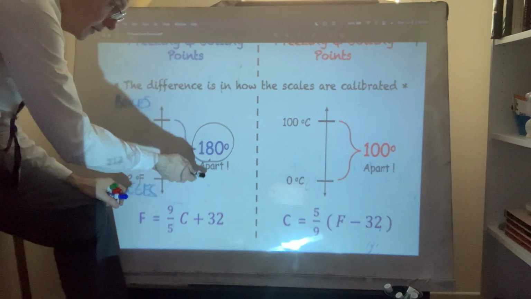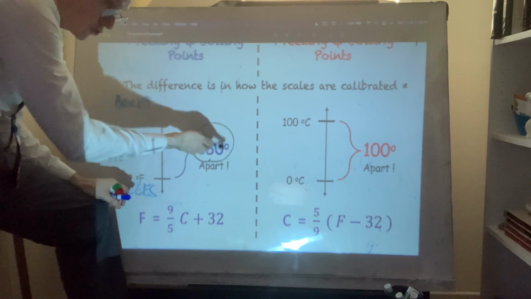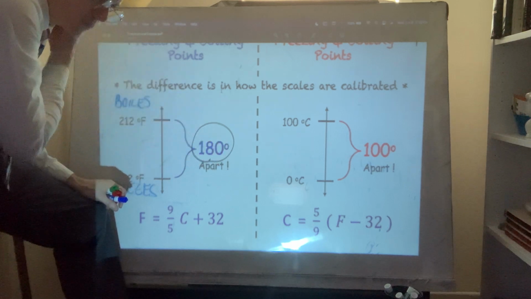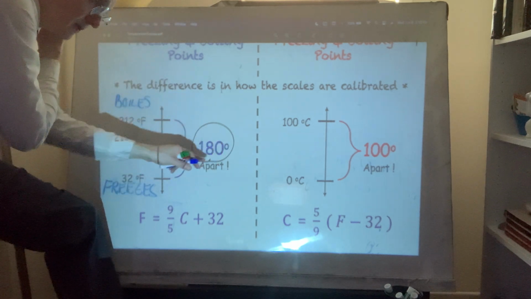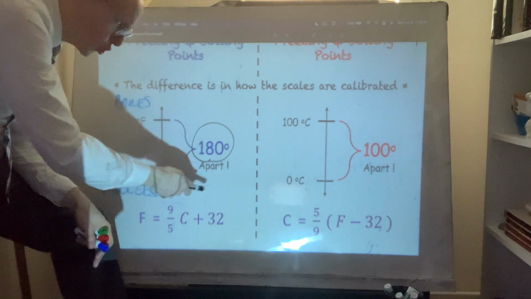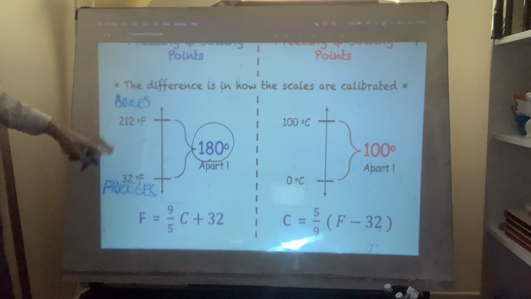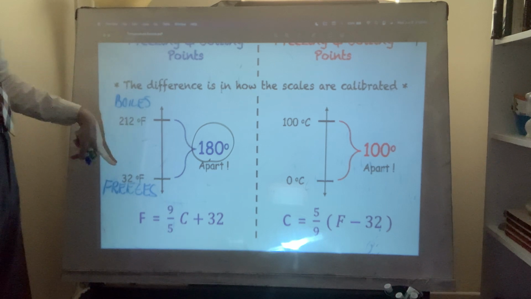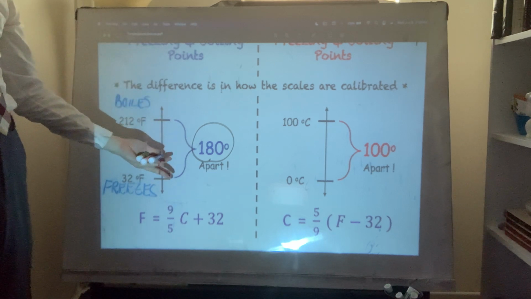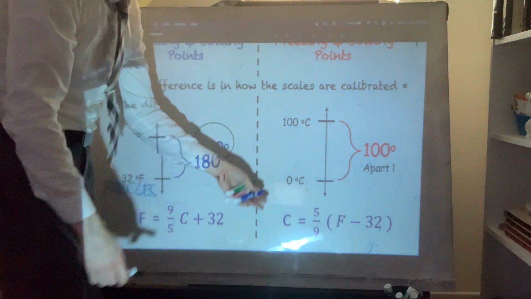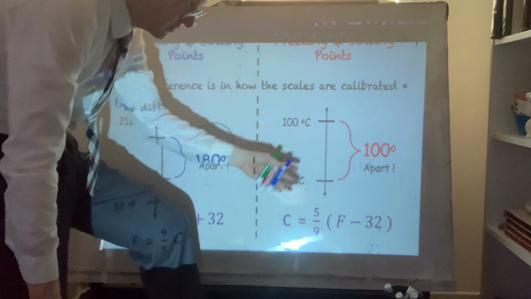Interestingly, geometry uses degrees, and we're using a degree in a different context. We're talking about temperature here, but this is the way it is. The difference between 212 and 32 is 180 degrees. The Celsius scale is more decimal based, as you can see.